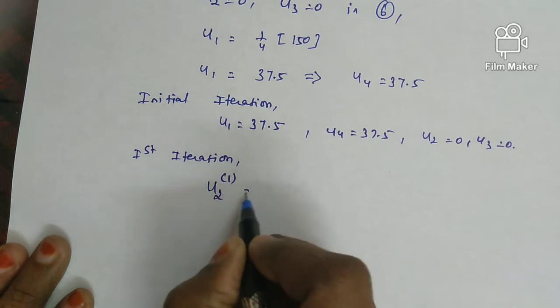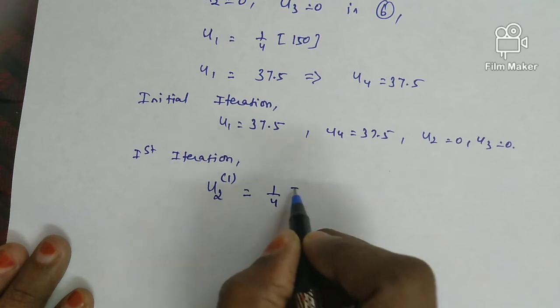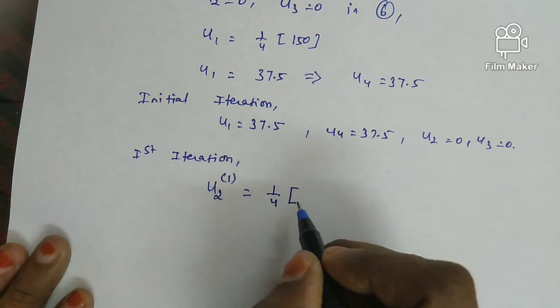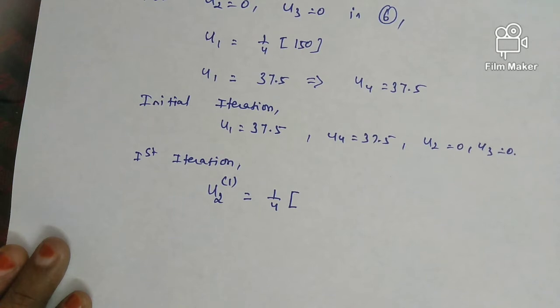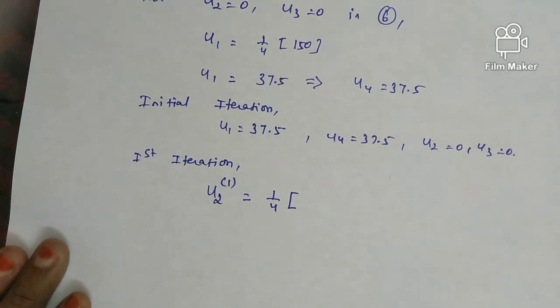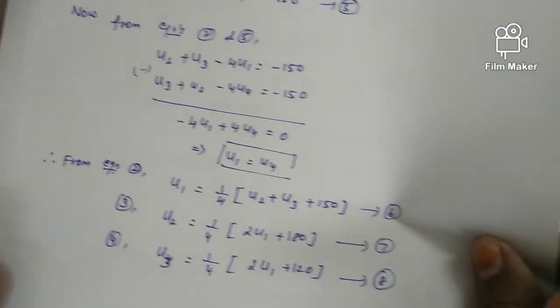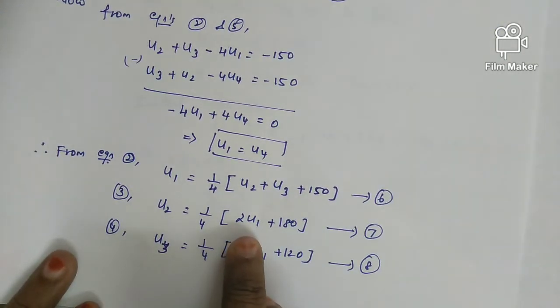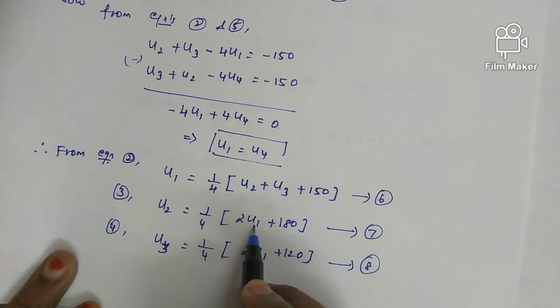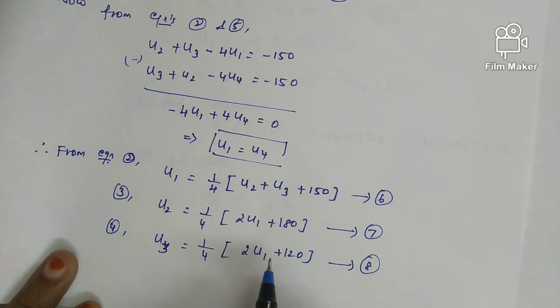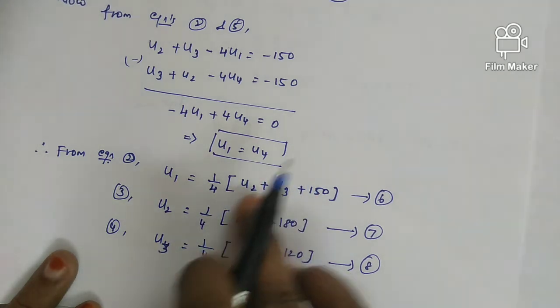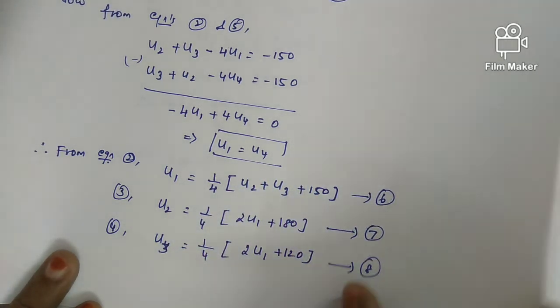In equation 7 we substitute, because there we have the formulas; there only we substitute the values. Here we substitute our u1 value, u1 equal to 37.5, and we get our u2. Then substituting here, we get our u3. These three equations only are used for iteration.